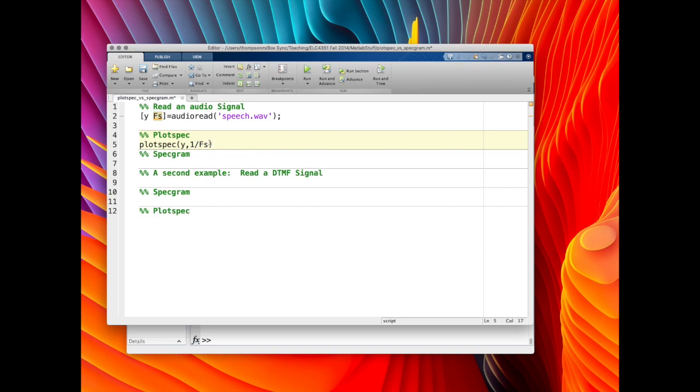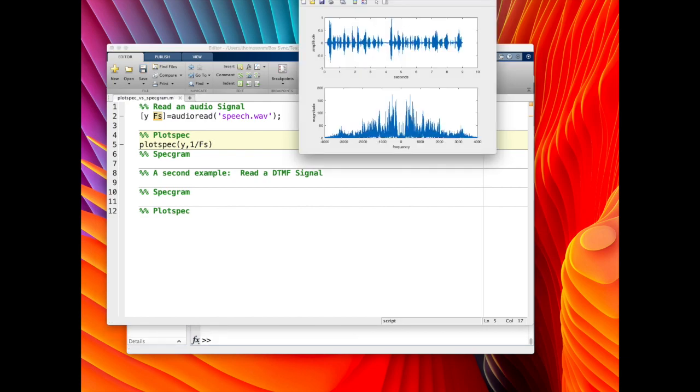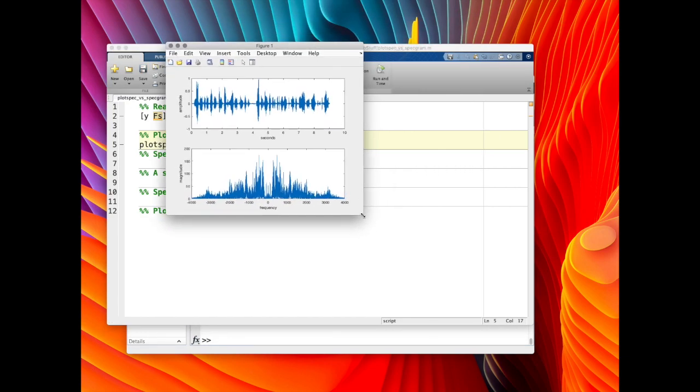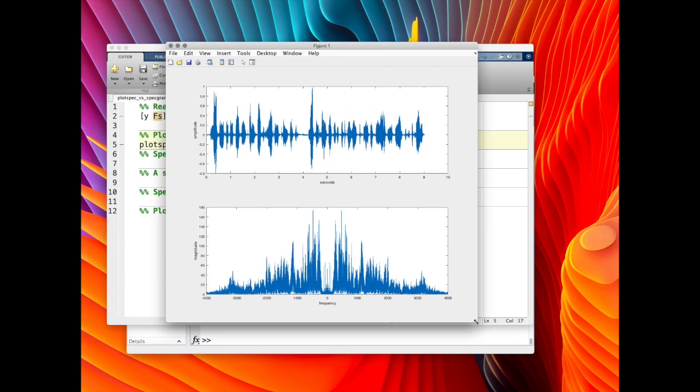Okay, so when I run that, a plot gets generated. Let me drag that down and resize it where you can see it. Okay, so you can see the time domain plot, and then here is the frequency estimation of that file.